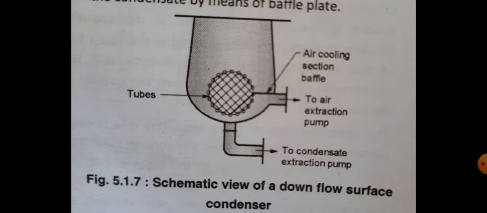The exhaust steam is condensed and the condensate is extracted from the bottom by the condensate extraction pump. The cooling water enters at one end of the tube situated in the lower half of the condenser, and after flowing to the other end returns in the opposite direction through the tubes situated in the upper half of the condenser.